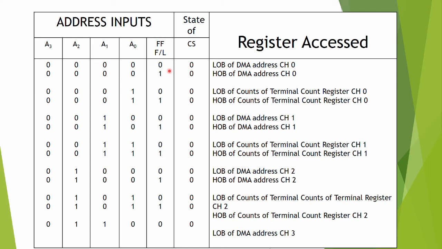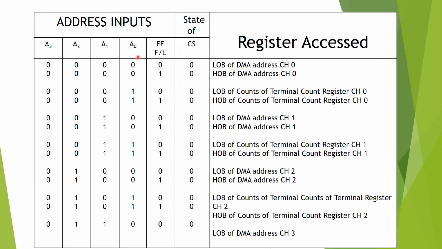If A3 to A0 are all 0 and the internal flip-flop is 0, then the lower order byte of the DMA address for channel 0 is accessed. If the internal flip-flop is 1, then the higher order byte of the DMA address of channel 0 is accessed.